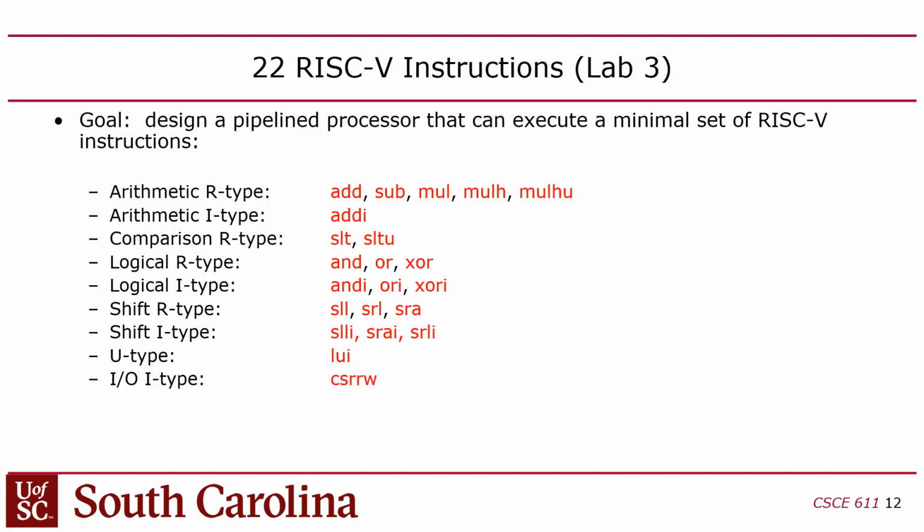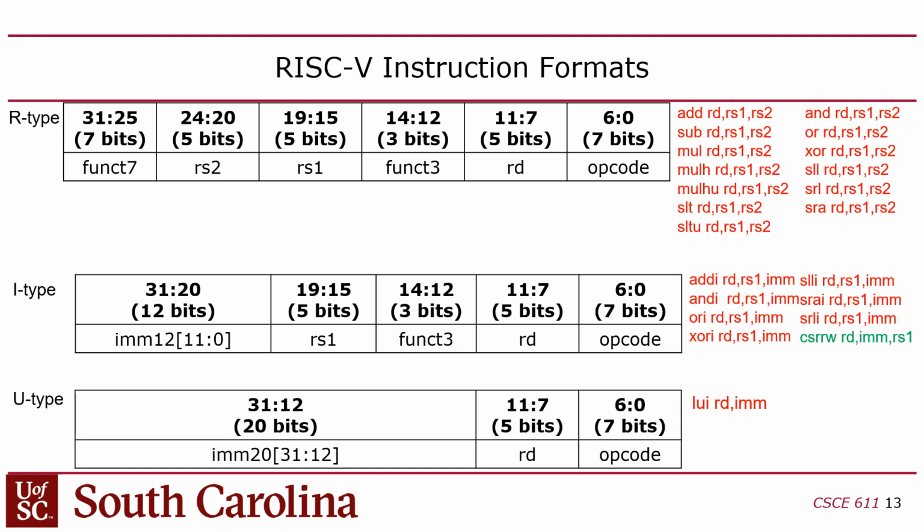Okay, so let's talk about the I-type. The I-type is here. Notice that the RS1 is lined up with the RS1 on the R-type, so that makes sense. The funct3 is lined up, the opcode is lined up, the RD is lined up. But instead of the funct7 and the RS2, those are both replaced by a 12-bit immediate field.